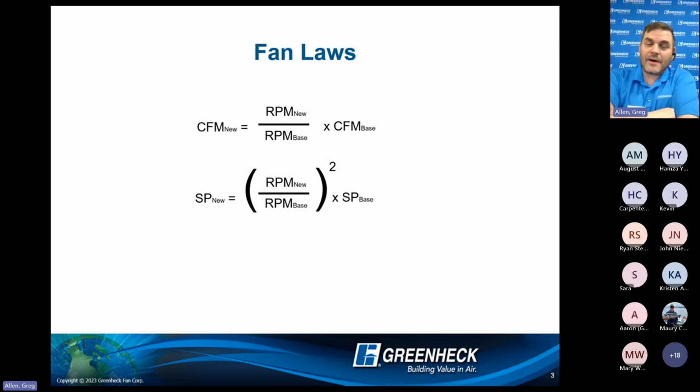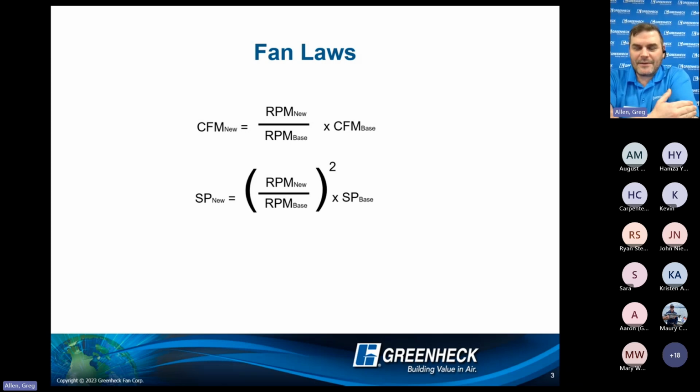Second fan law, I call this one the uncomfortable fan law. What it's saying is that as RPM changes, your static pressure in the system is going to change by the square, right? And that's why I call this the uncomfortable fan law, because 10% more air, now I'm fighting against 21% more static pressure, right?